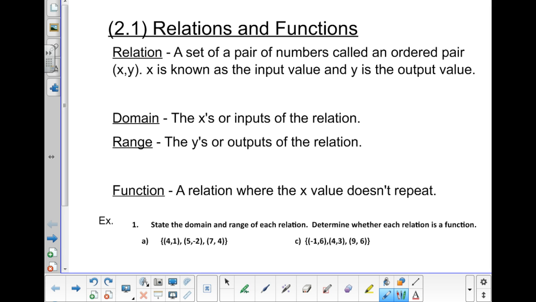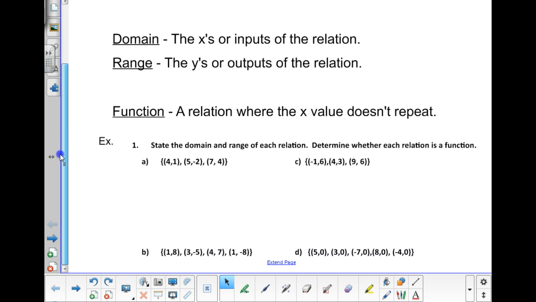Okay? All right, so taking a look at these ideas, let's see if we can do some simple examples. And again, I think this is probably covered in Algebra 1. That's why I'm going quickly through this. In these examples, I'm given a list of ordered pairs. I want to state the domain and the range of each.